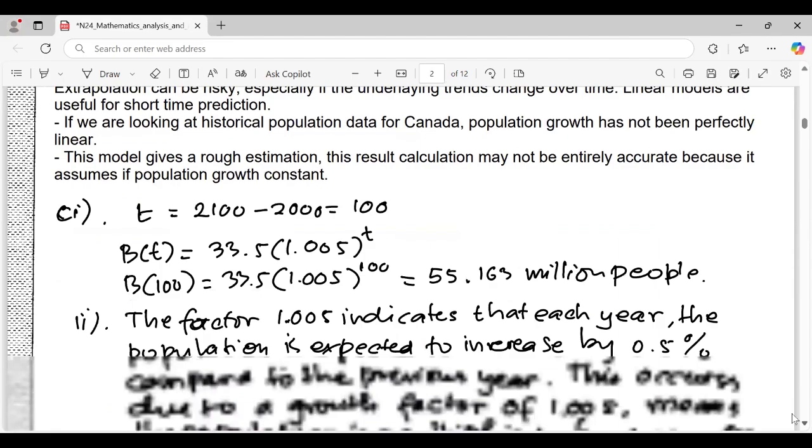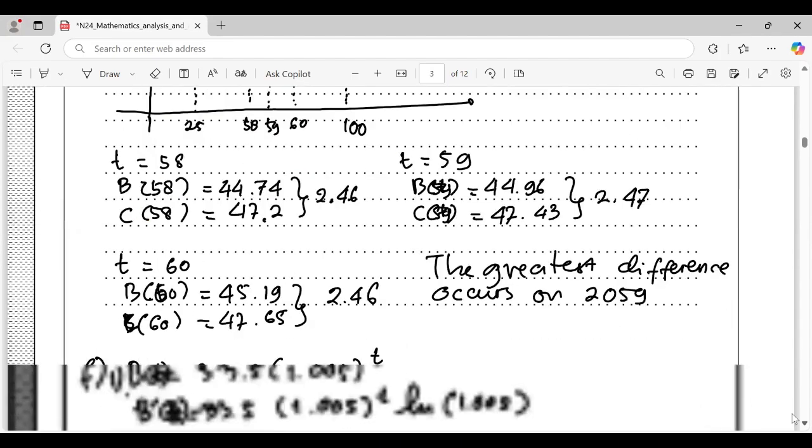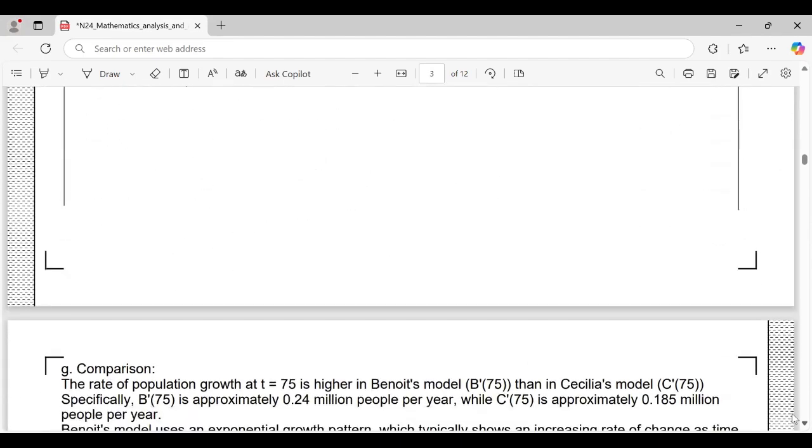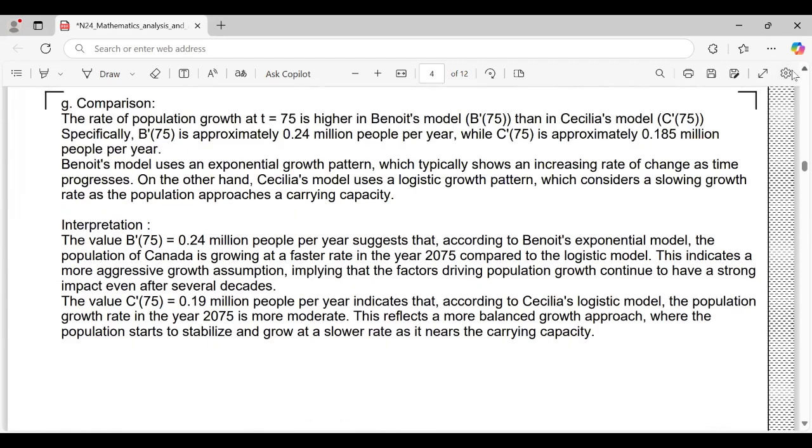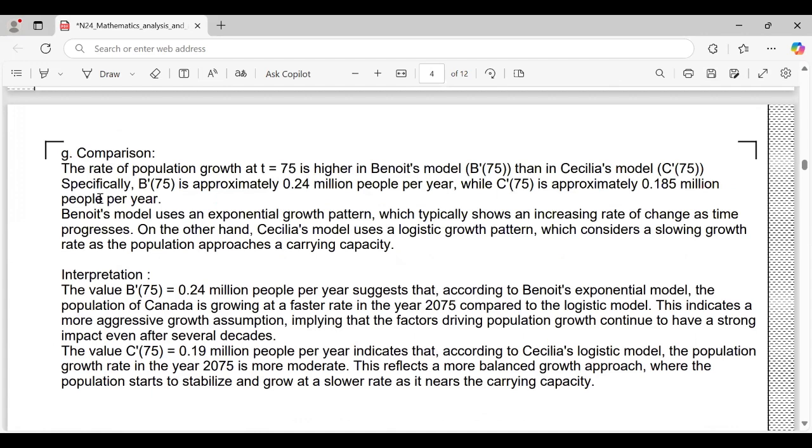I provided my explanations, my opinion about this question, part G, comparisons and interpretation. So I will not explain. You can copy these explanations, or maybe you will add something.